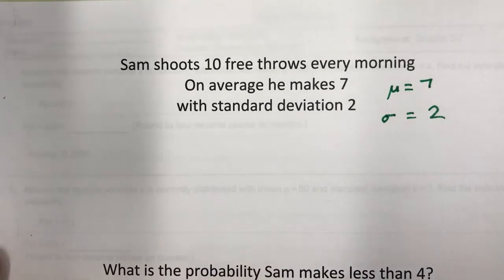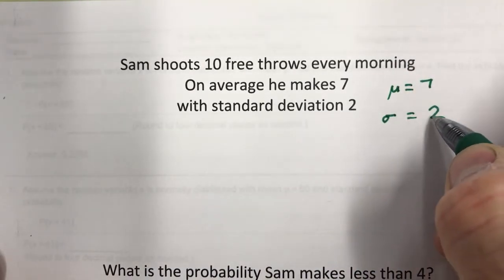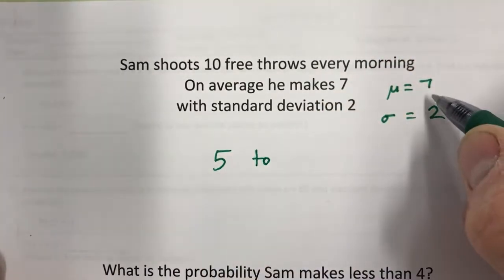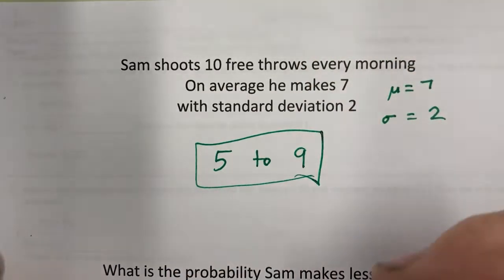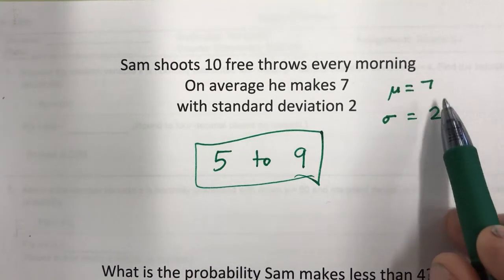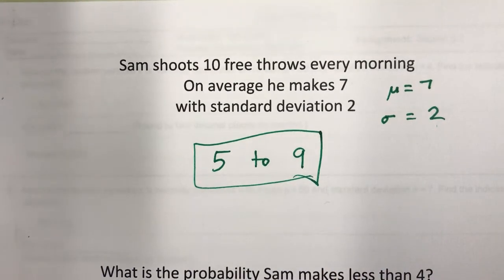Now what this means is he averages 7, so if I do 7 minus 2, that would be 5, and then 7 plus 2 is 9. Generally, he makes 5 to 9 because of his standard deviation of 2. That's generally what he does.